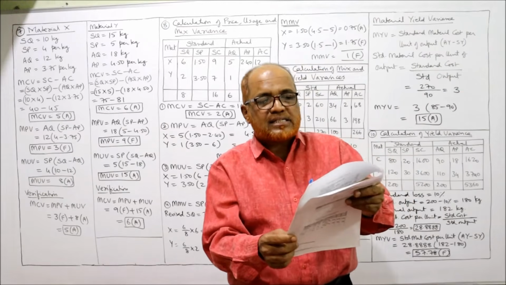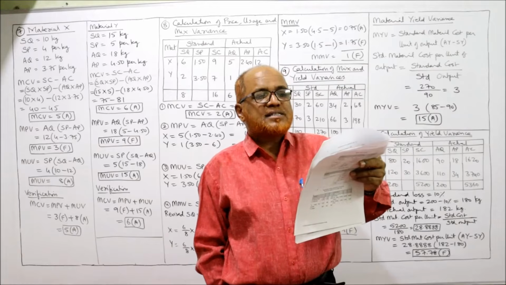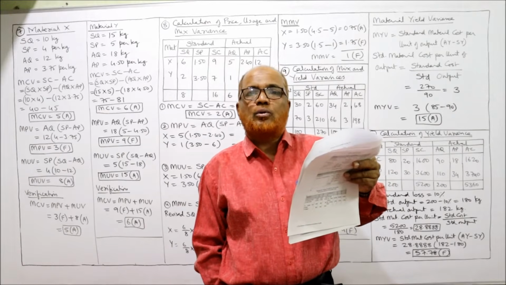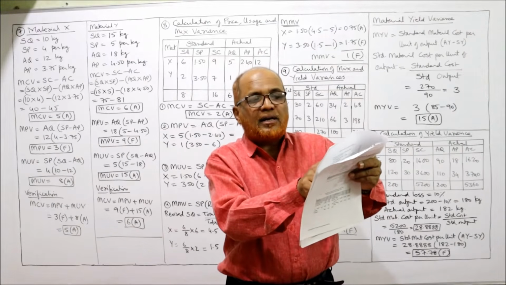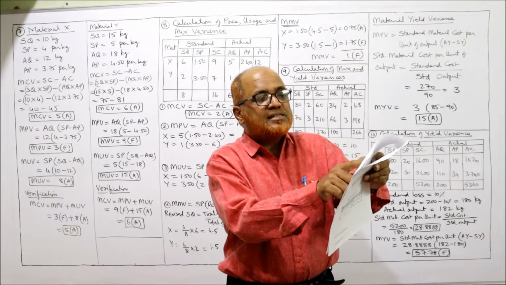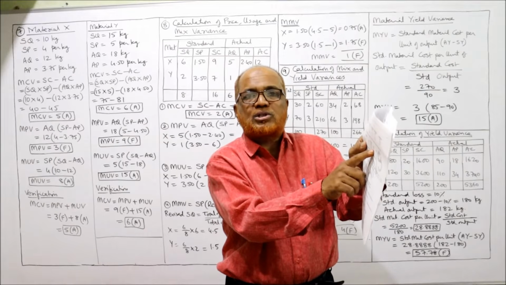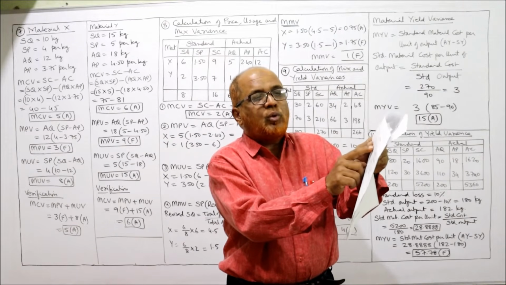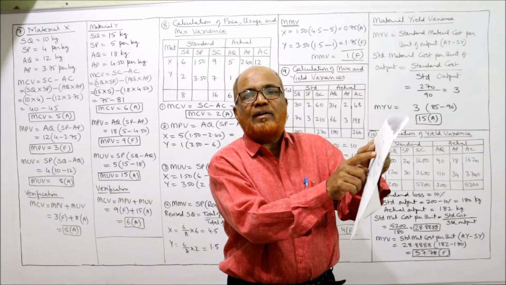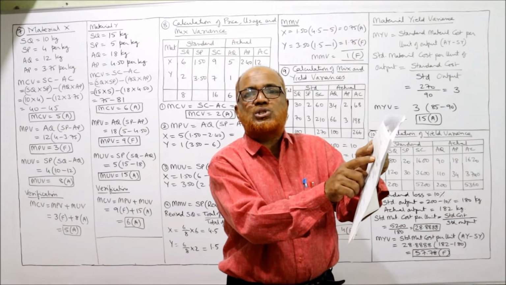Material X: standard quantity 6 units, standard price 1.50. Multiply quantity into price, 6 into 1.5, 9 rupees. That is the cost. Material Y: 2 is the quantity, 3.5 is the price, so 2 into 3.5, 7 rupees is the cost.